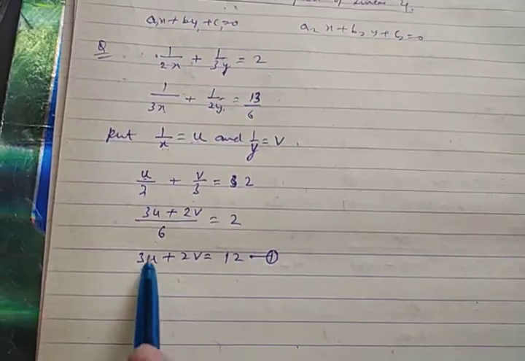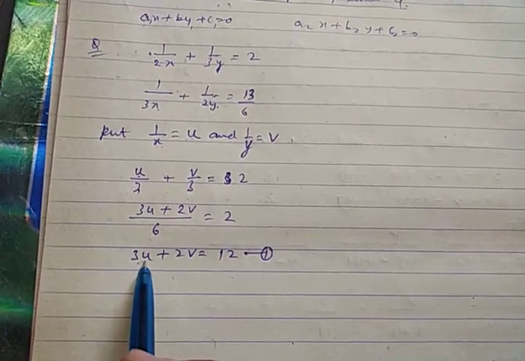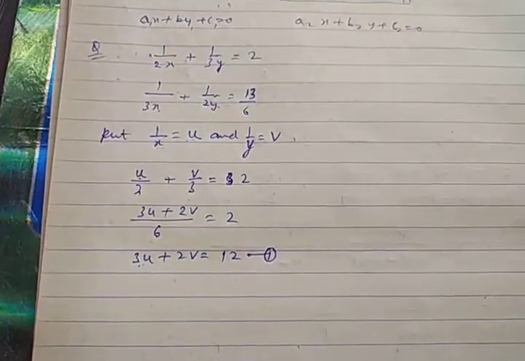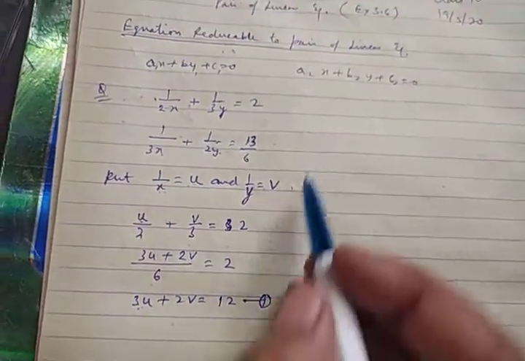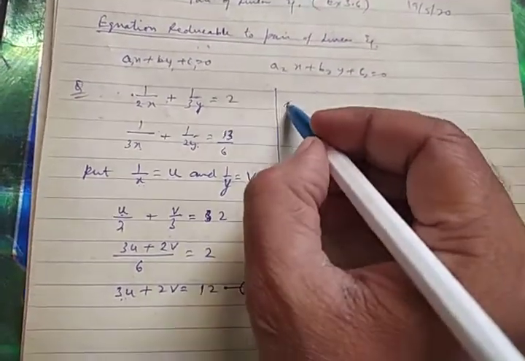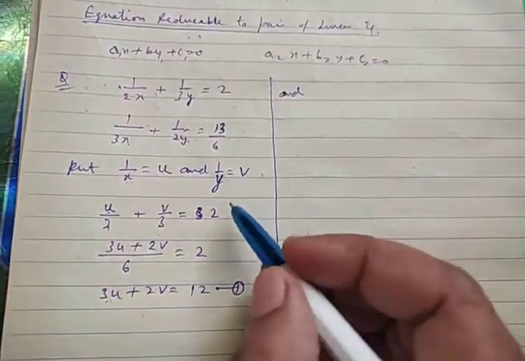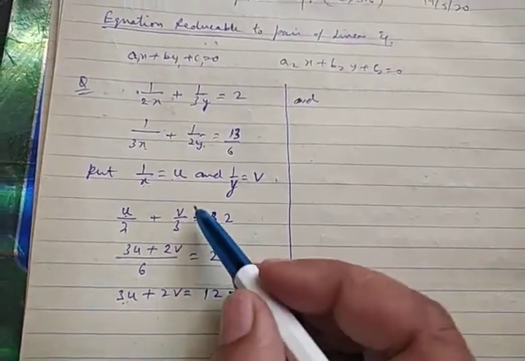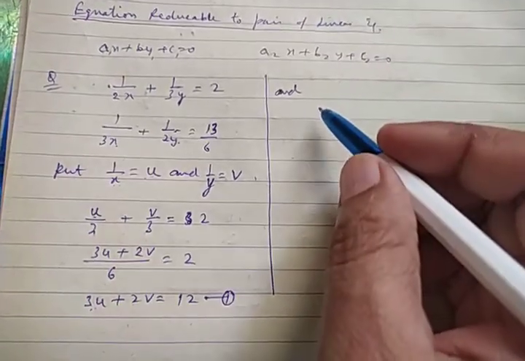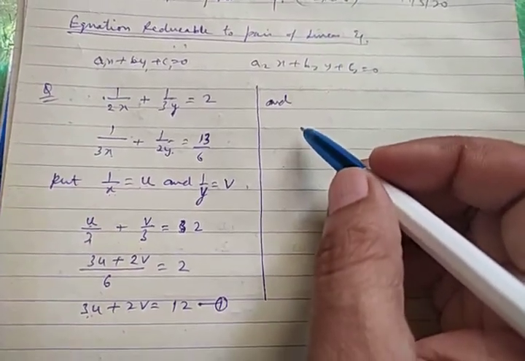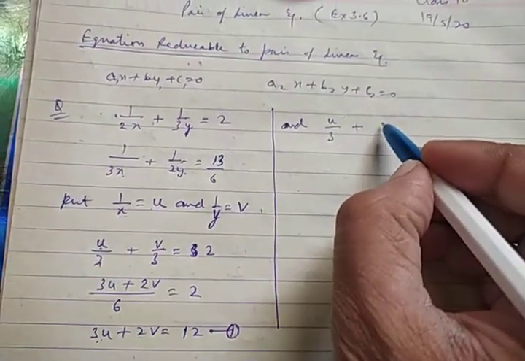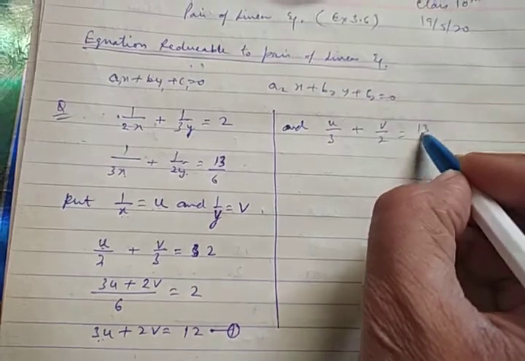The equation which you have converted is in the format ax plus by plus c is equal to 0, that is the standard format. In the same manner the second equation can also be solved. You are manipulating the given equation into the standard format for the sake of solution. Next is u upon 3 plus v upon 2 is equal to 13 upon 6.